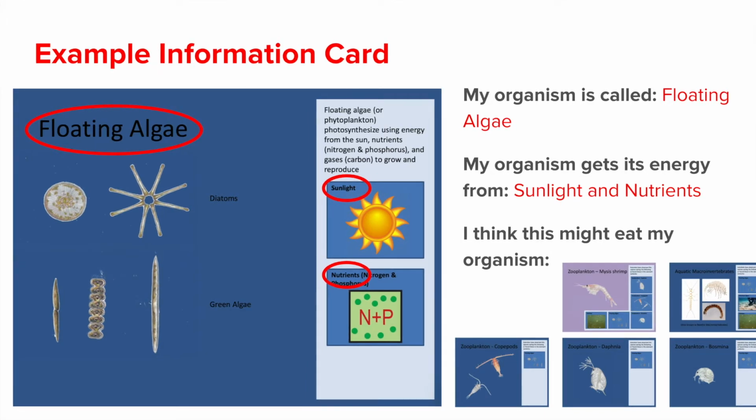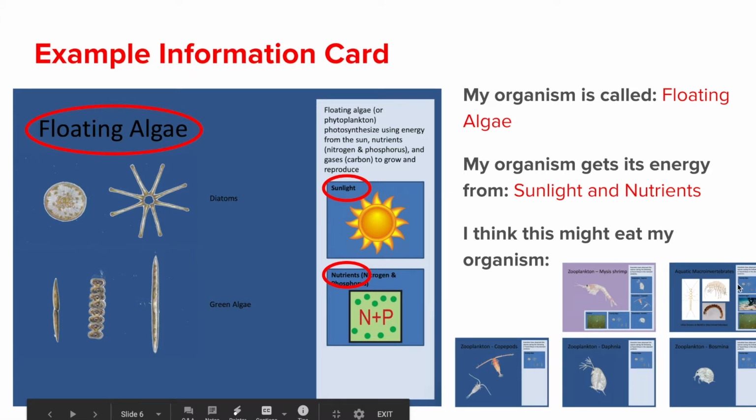And you can make a hypothesis about what you think might eat your organism based on the other cards in the slide deck. If you look at these other cards, the mysis shrimp, aquatic macroinvertebrates, copepods, Daphnia, and Bosmina all have floating algae listed as something that they eat.